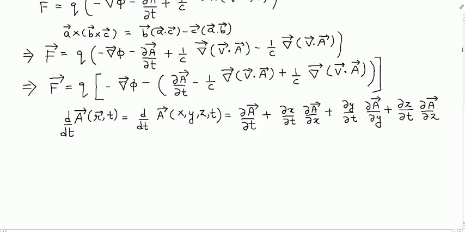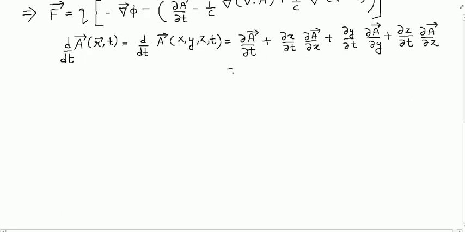Okay, and then this will become the following: dA divided by dt, and this entire thing can be written in this way, and you can verify that this is correct. V dot gradient acting on a, which is a function of r and t. So this is my total derivative of a vector.